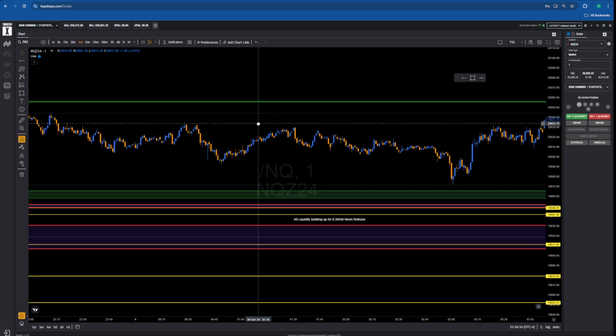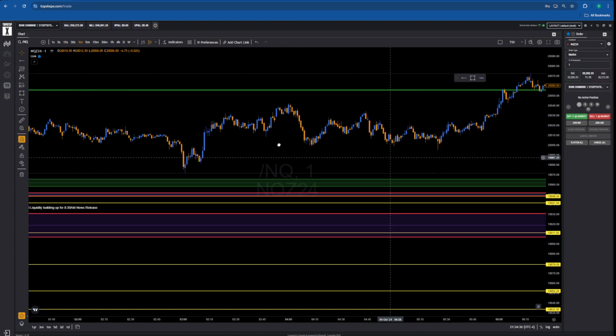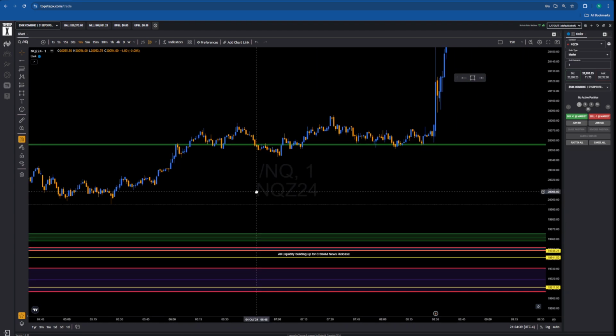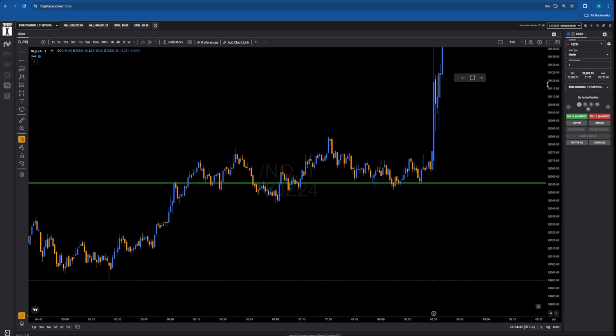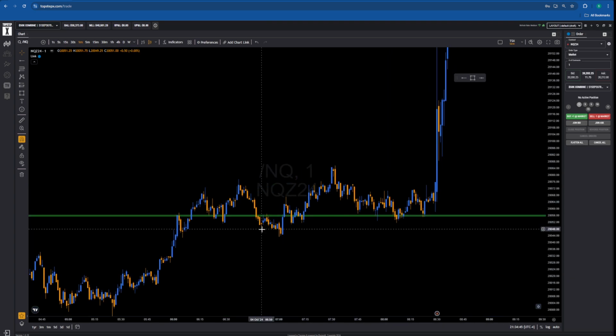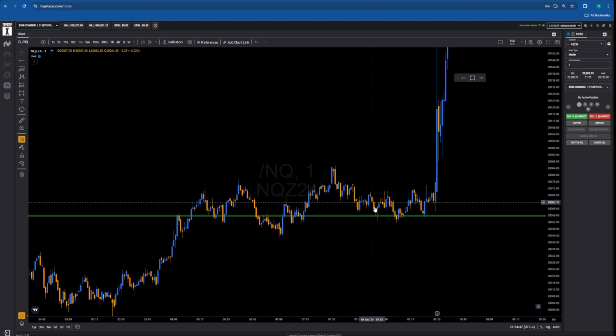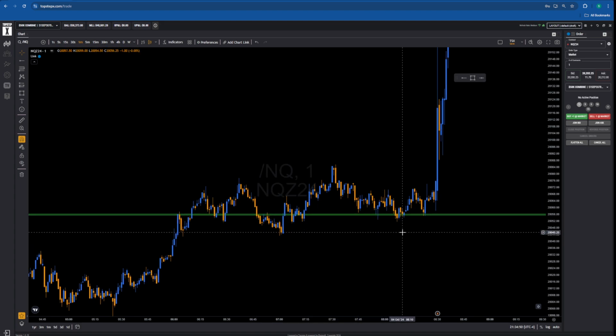So a little guidance, basically you can get around those, and you see even today before the NFP news release, you see how well the market is just tracking around that area.